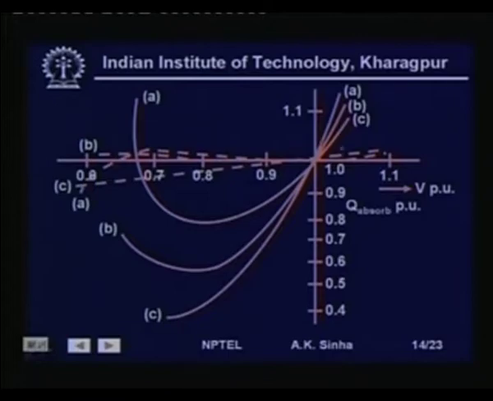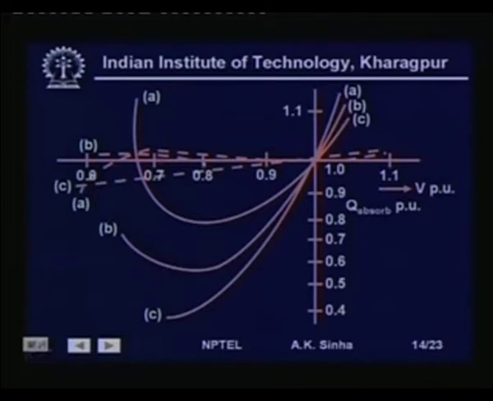The characteristics B is for 0.75 per unit torque and characteristics C is for 0.5 per unit torque. Now, the real power changes are not really very much, except that beyond the critical voltage you are going to get no power at all, but below this the variation is not very large, maybe around 10% or so, whereas the variation in the reactive power is considerable.